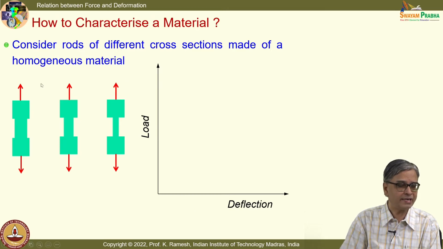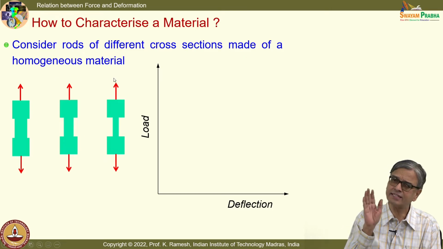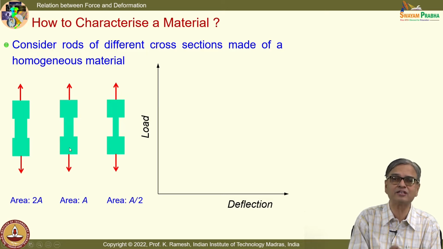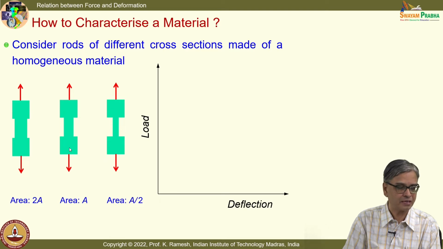Now, I take rods of different cross sections made of the same material. The only difference is, if I say that this is area of cross section A in this segment, this is like in the clamps. So, we have a larger section so that the material does not fail at the clamps.